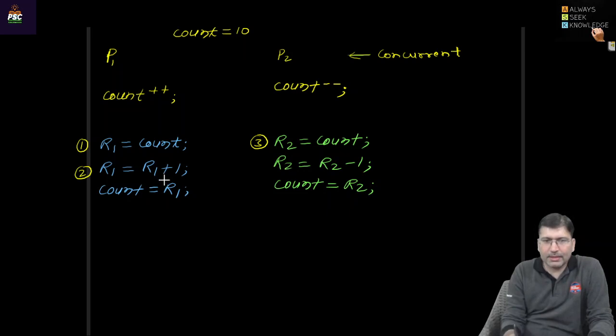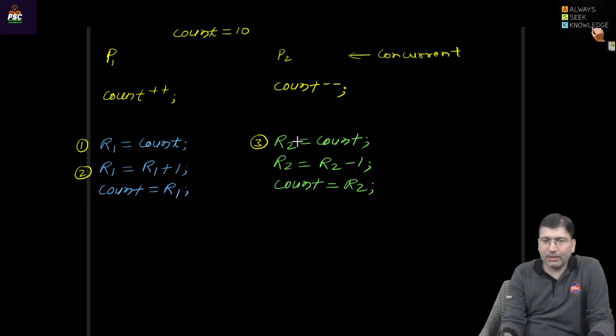So the third, you are executing this statement of P2, right? If you pay attention, initially I have taken the value of count as 10, and this 10 value has already been loaded into R1, and R1 is updated. So R1 has value 11 now. But here R2 is getting the value of count, and count is still 10, because this line was not executed.